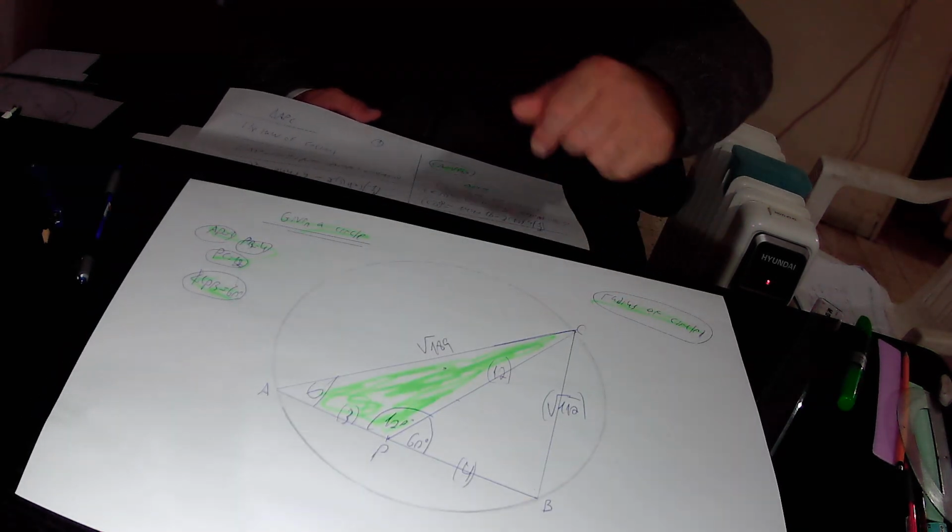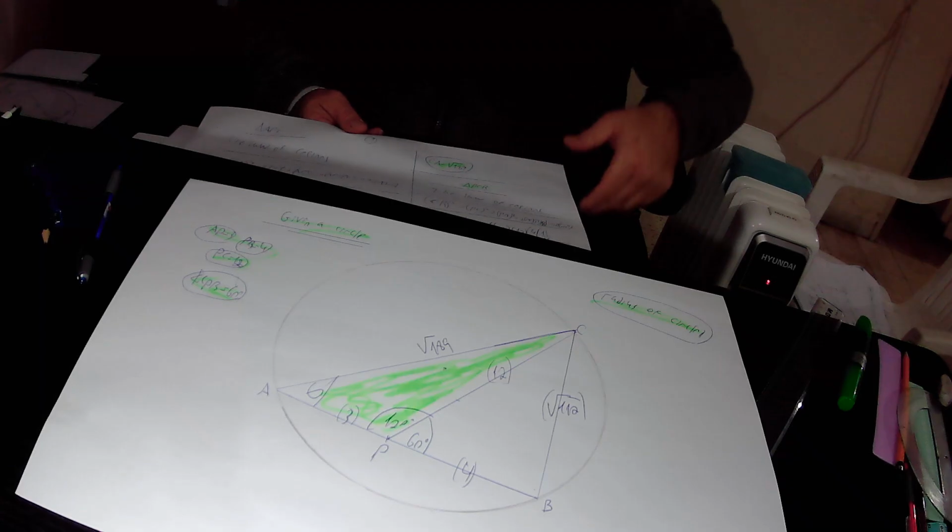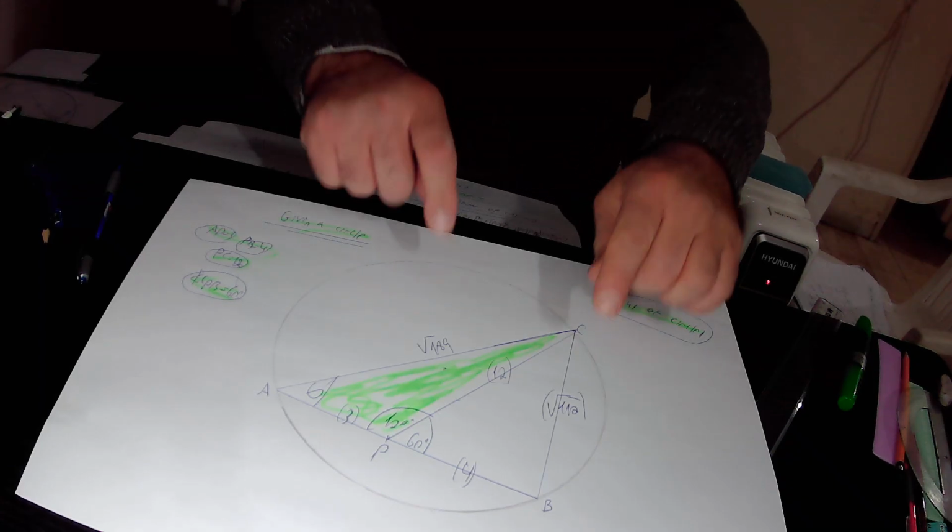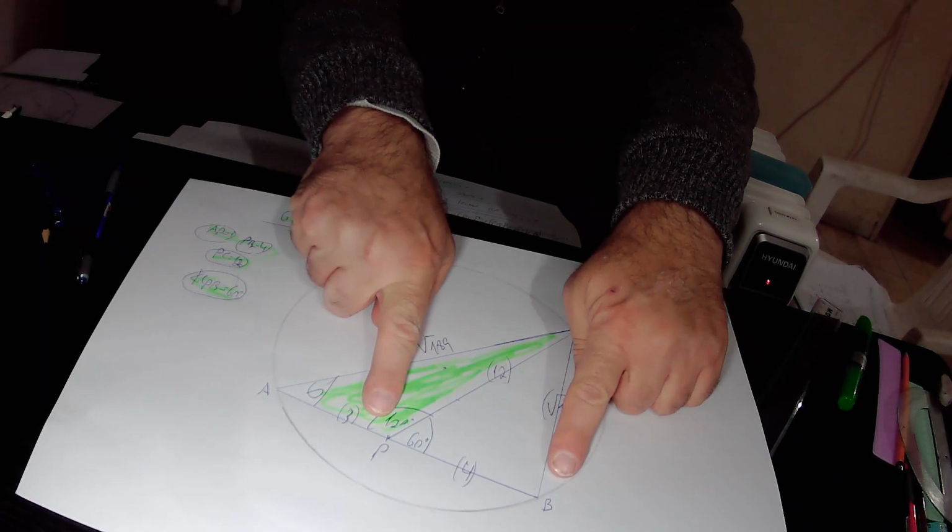CB is the missing side, so we leave it as it is, and it equals PC squared. PC is 12, therefore PC squared is 12 squared, that is 144, plus PB squared. PB is 4, therefore PB squared is 4 squared, that is 16.